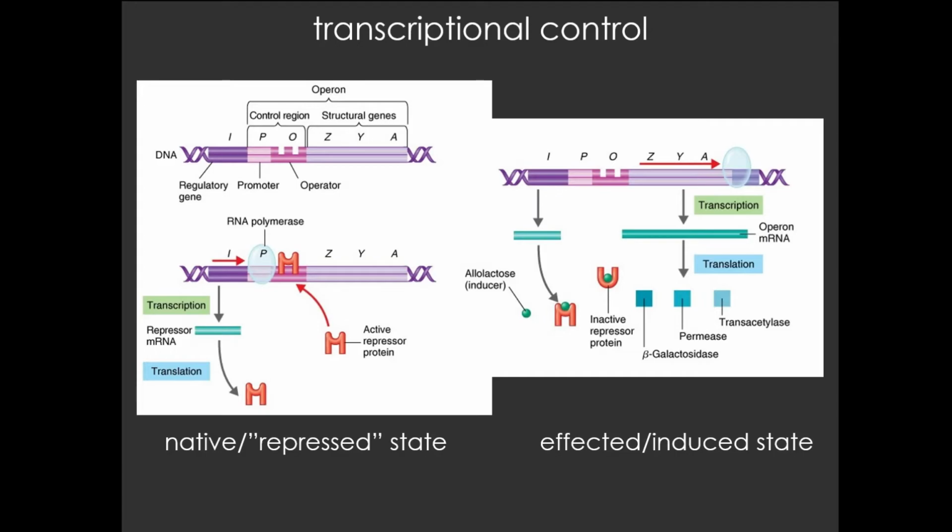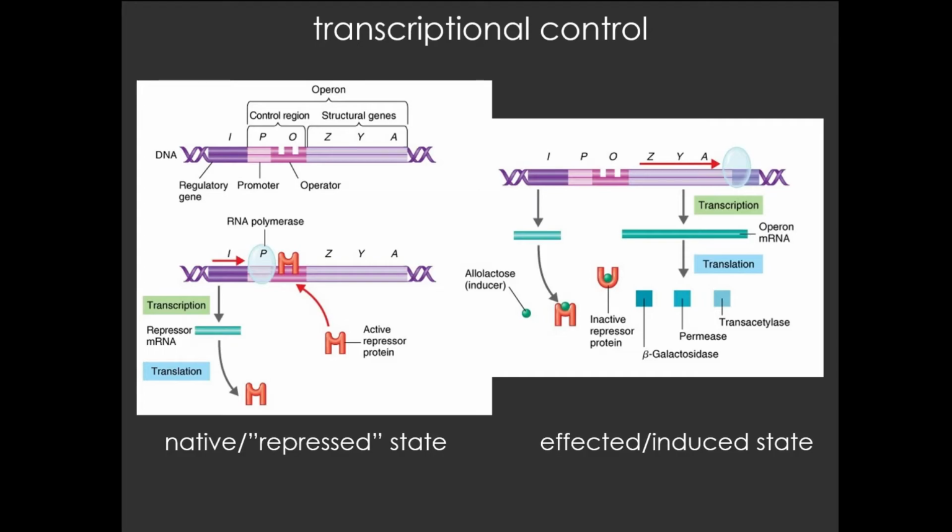When lactose is present, lactose turns on the transcription of the genes which will ultimately catabolize the lactose. When there is no lactose present, the repressor will return to its native state and repress the operon. So on the left, you see its native sort of repressed state, and then on the right, you see when it's been effected that it is in an induced state.